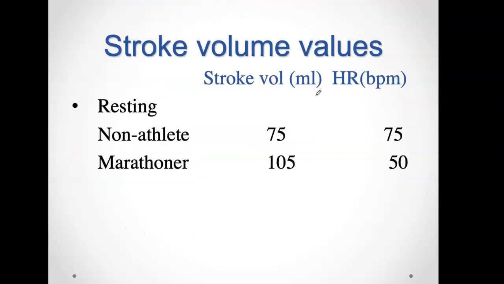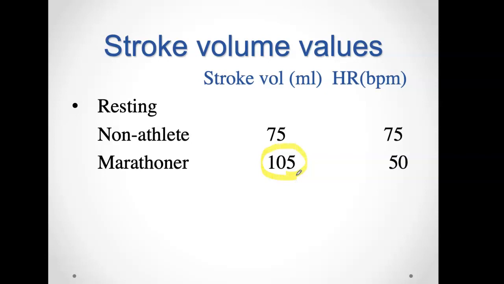Okay, some stroke volume values. Think of this. When you're resting, and let's say you're a non-athlete and your stroke volume is around 75, that sounds good, and your heart rate is around 75. A marathoner, right, would have a huge stroke volume. And why is that?